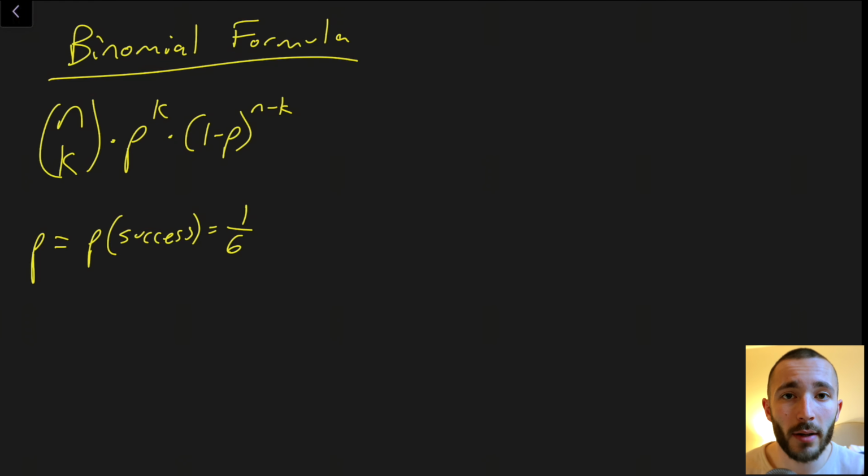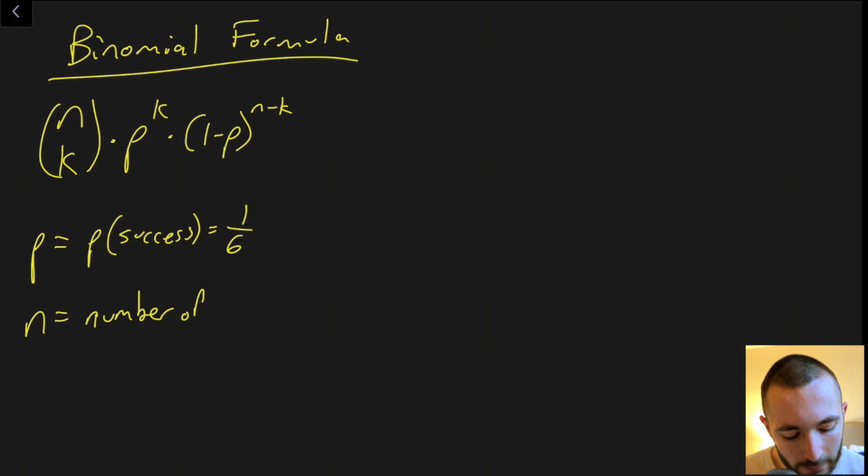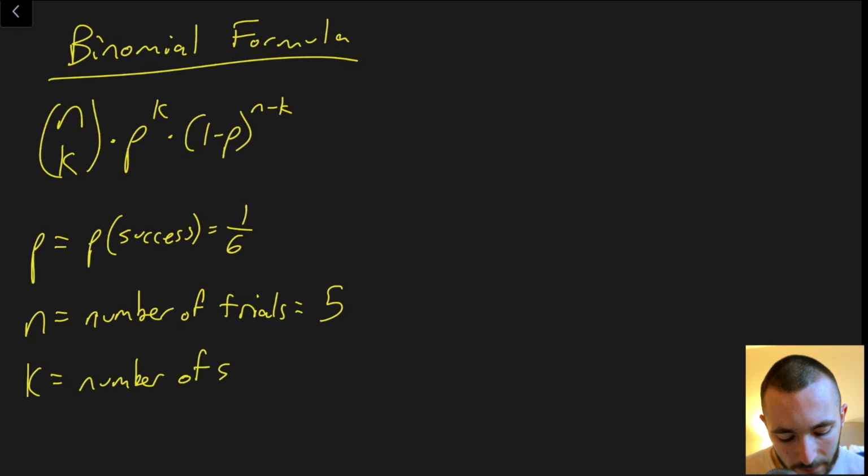That's the probability of rolling a 4. N is the number of trials, which here we have 5. We're rolling 5 dice, or we're rolling 1 dice 5 times. Again, doesn't make a difference. And K is the number of successes we want, which is 3.